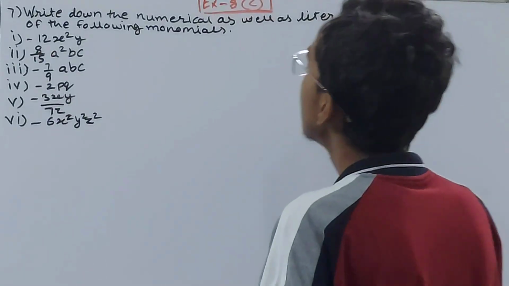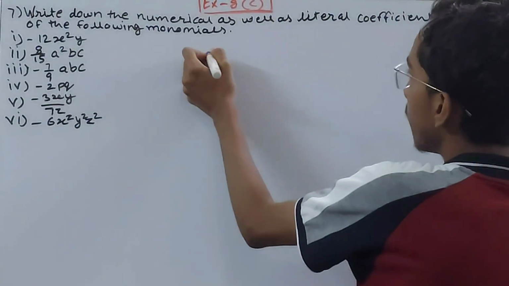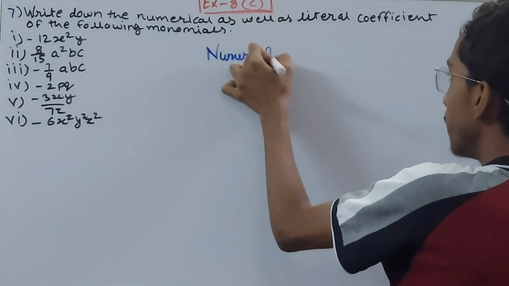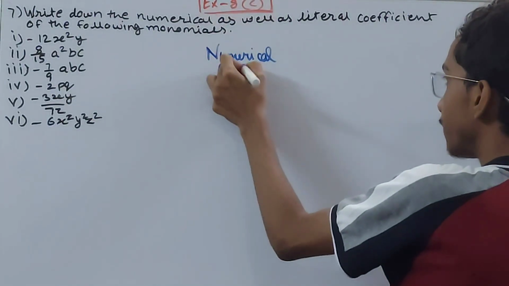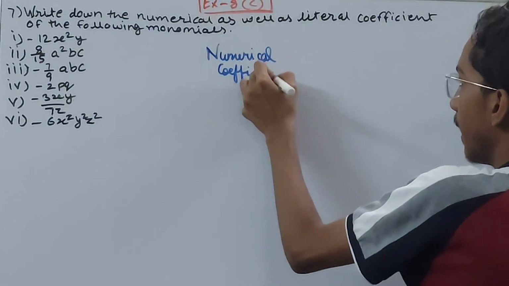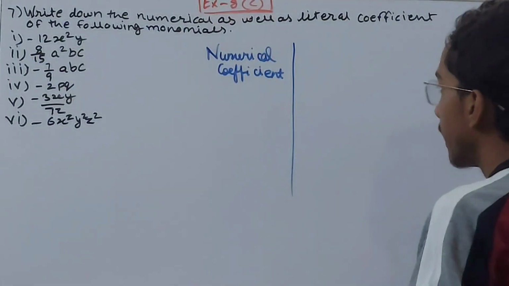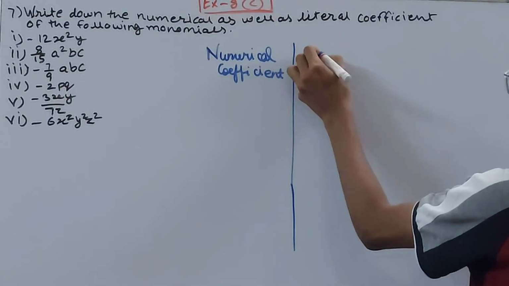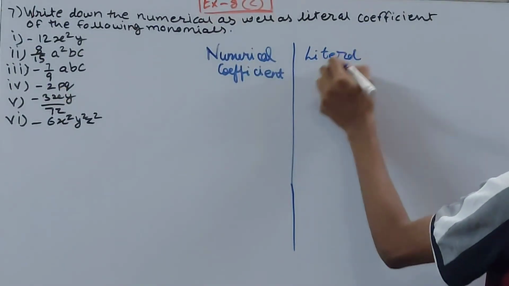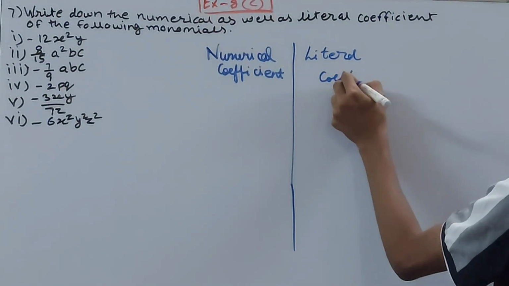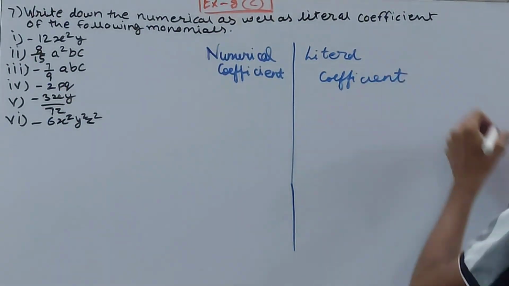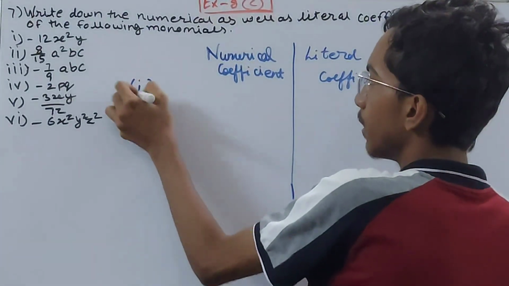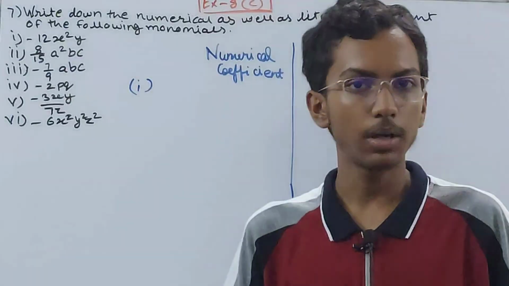It is understood. So what I'll do, I'll divide this thing into two parts. On one side, we will have the numerical coefficient, and on the other side of the page we will be having the literal coefficient. Now you can see in the first part I have minus 12 x square y.